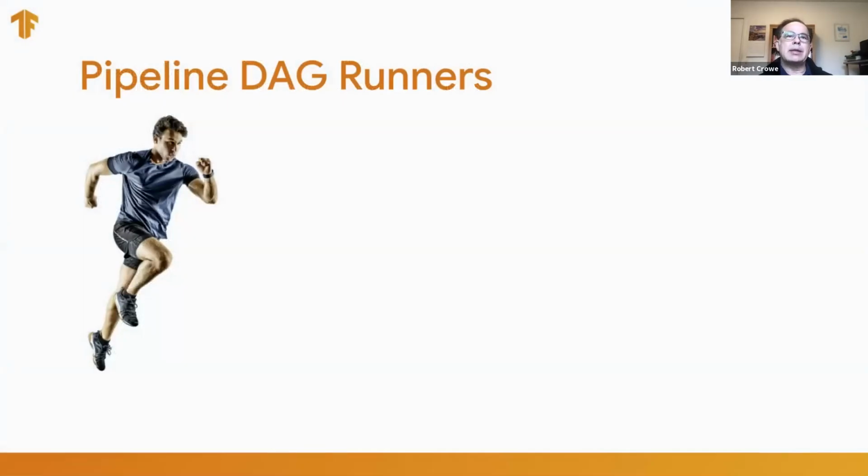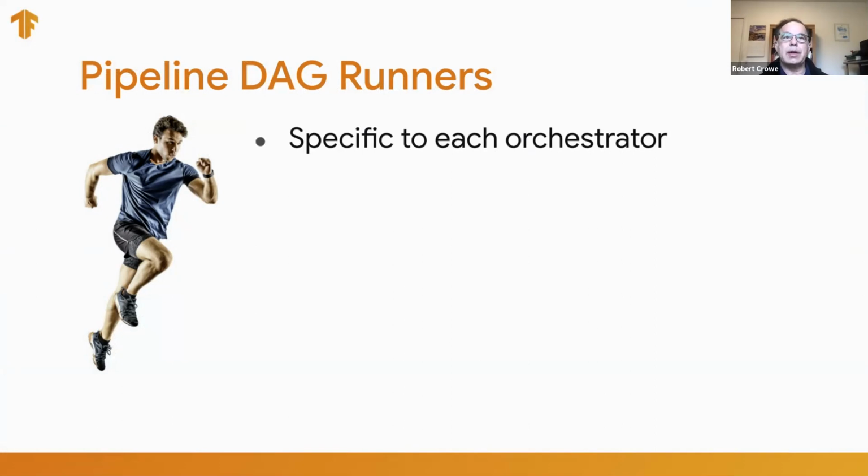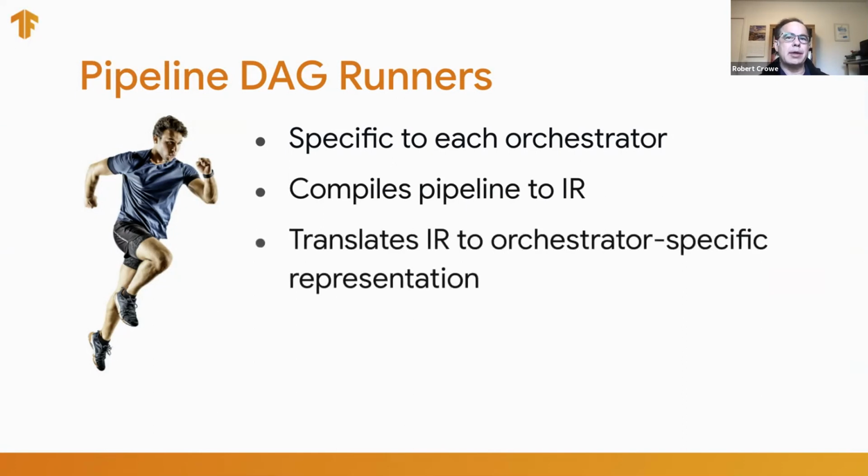There are DAG runners. So a DAG is a directed acyclic graph or pipeline. And each DAG runner is specific to a particular orchestrator. Because they're going to handle really taking that abstract representation and making it concrete for a particular orchestrator. They're going to compile that pipeline to the IR, the intermediate representation, and then they're going to translate that IR into an orchestrator-specific representation.